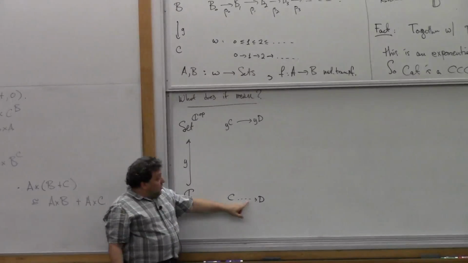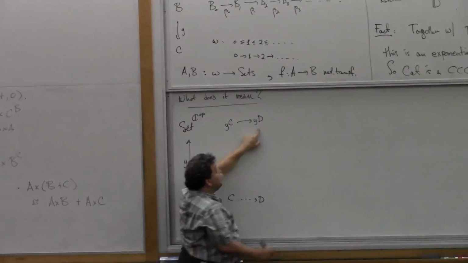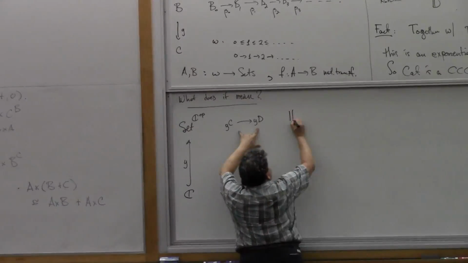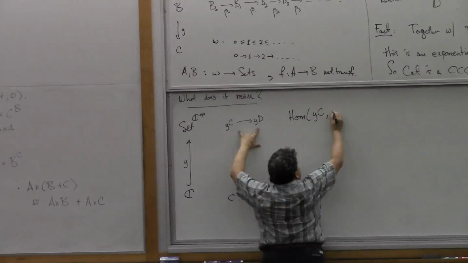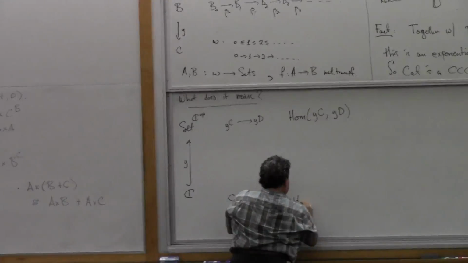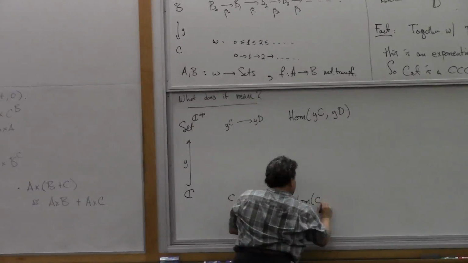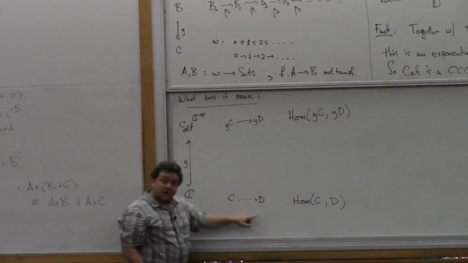So what we'd like to know is this. We'd like to know if there's any arrow up here between these two things, up in the functor category, then there must be an arrow down here between these two things. I'm just drawing a picture of that hom set.